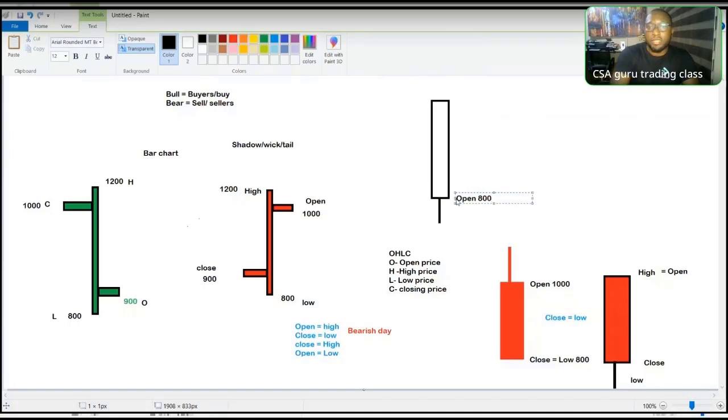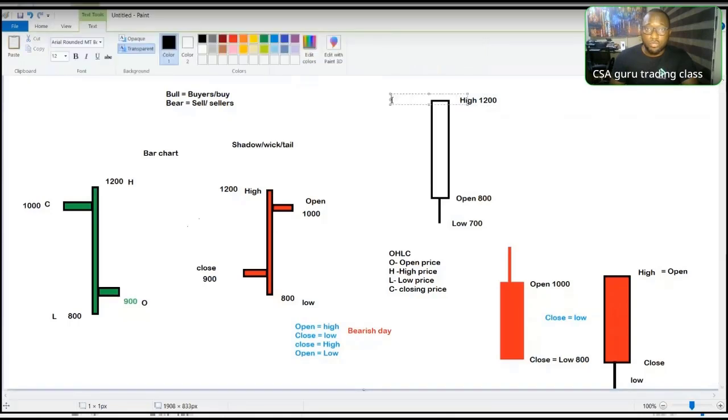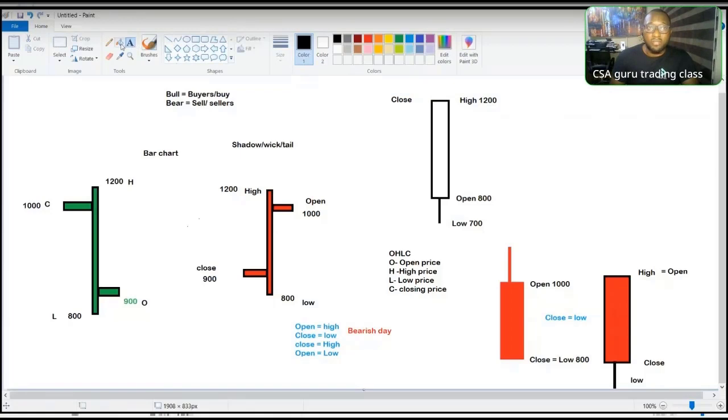Price opened at 800, the lowest price of that day is 700, and the price got to a high of 1,200. That same high is also your close. So in this scenario, what we get is a green candle. That is a bullish day.